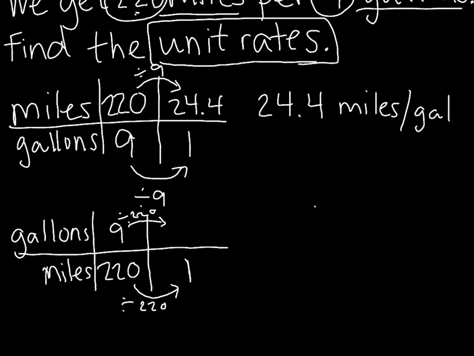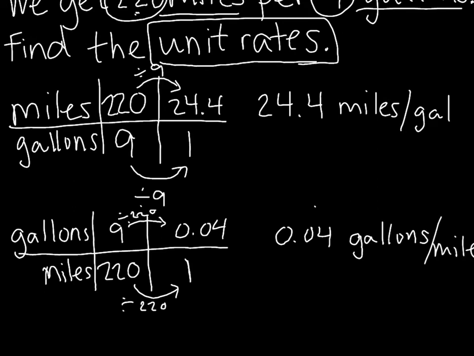On my calculator, I type it in, and I get 0.04. So my unit rate here is it takes 0.04 gallons to go 1 mile. All right, there's our first problem. I'm going to get the second problem set up here.